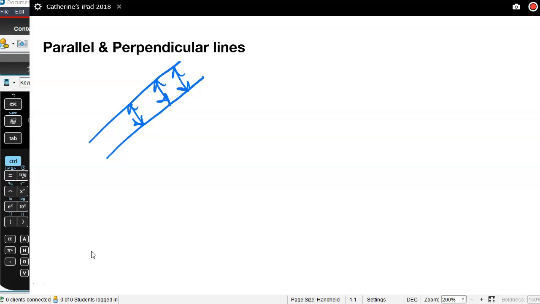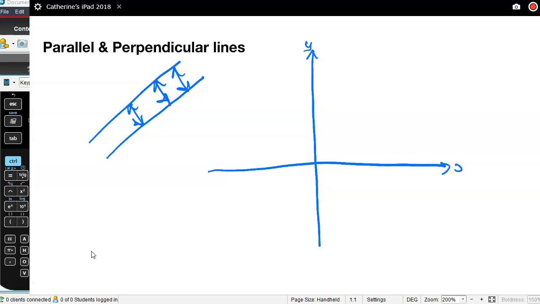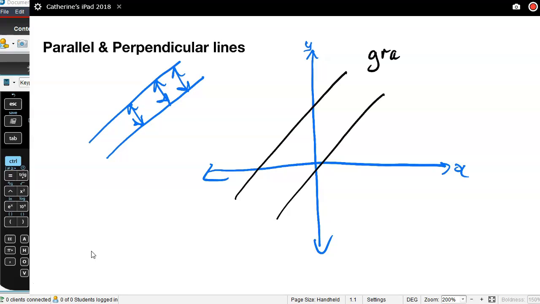On the Cartesian plane, you can imagine, I'll just put a bit more detailing, two parallel lines. So one here, one here. So these lines are parallel because their gradient or slope or m is the same.